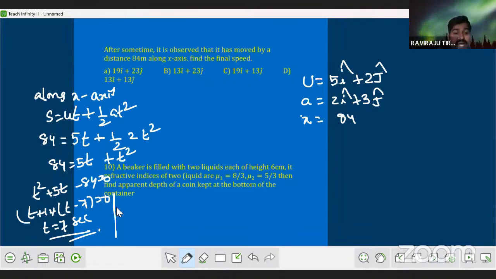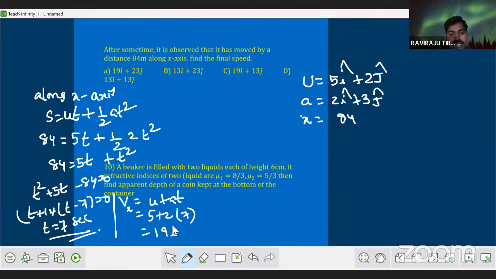Then what is the final velocity along x-axis? U plus AT. What is U along x-axis? Only 5 plus acceleration 2 and time is 7. How much will it be? 19. So X component of velocity is finally 19 i cap. But the question is not only the X component. Options are given in terms of both i component and j component. So how can you calculate the final velocity of j component?